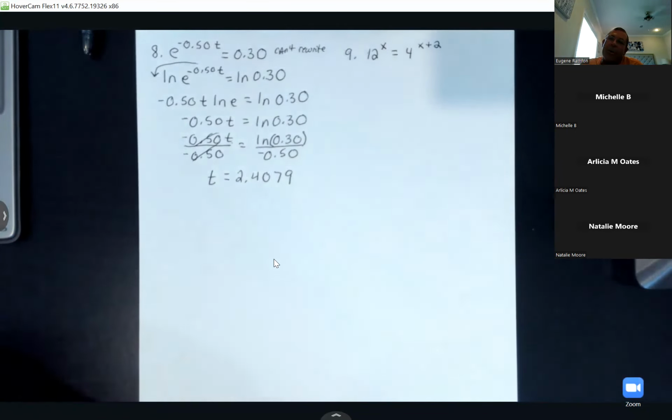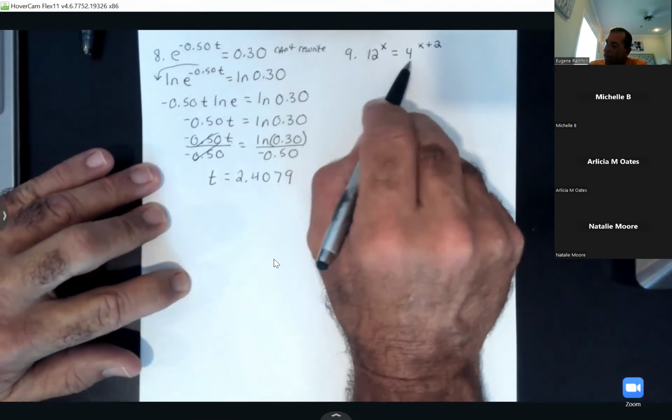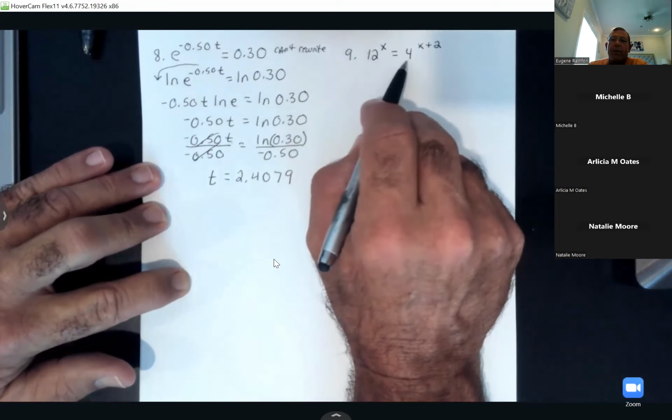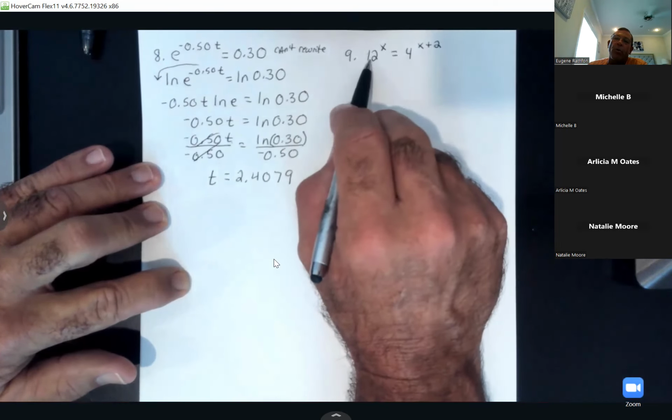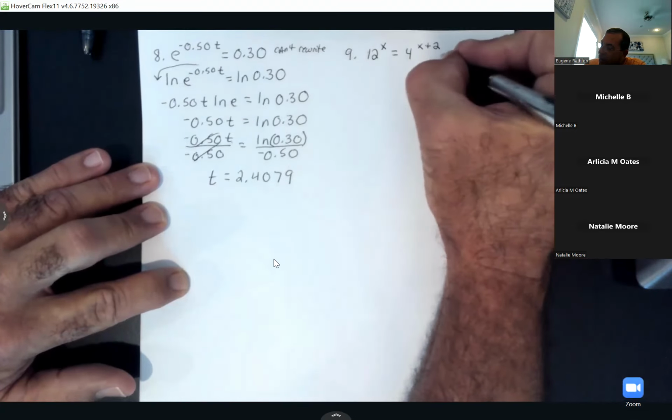So y'all, this is going to be the one where you get the headache. To me, this is probably one of the trickiest ones in all this homework. I can't rewrite 12 using a 4 as a base because 4 squared is 16. So no way I'm rewriting it.